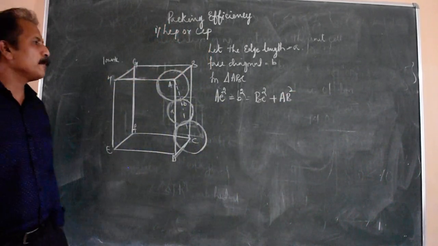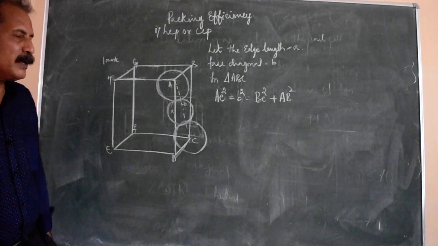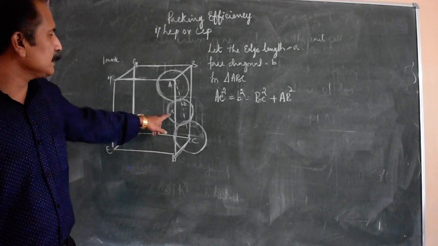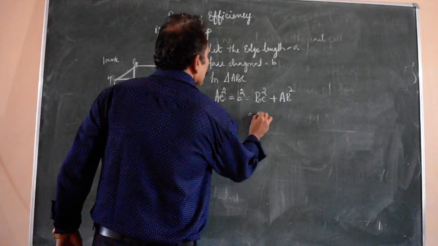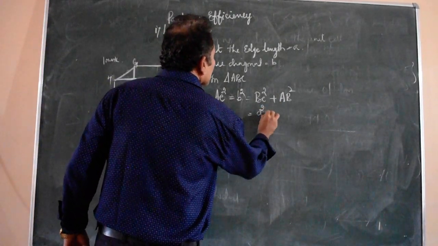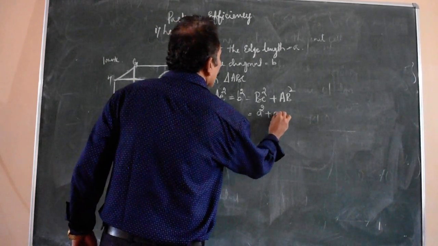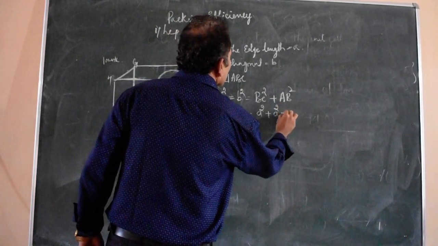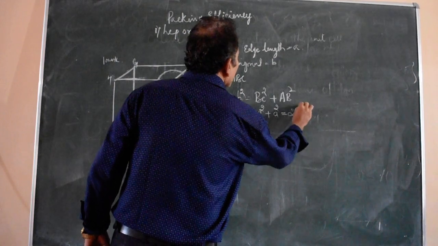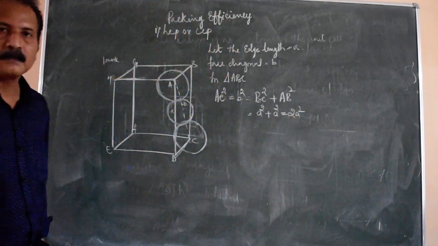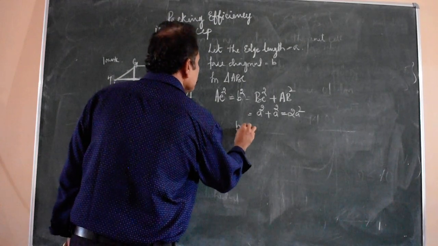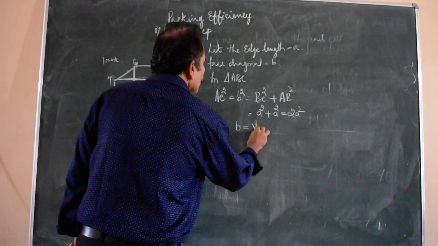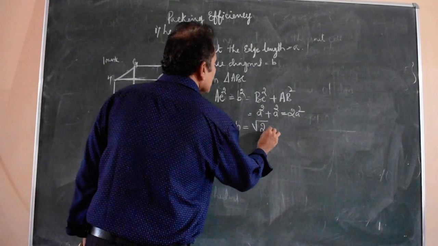Since both BC and AB are edges, and you have taken edge lengths as A, I can write this as A square plus A square, that is equal to 2A square. Therefore, B is nothing but root of 2 into A.